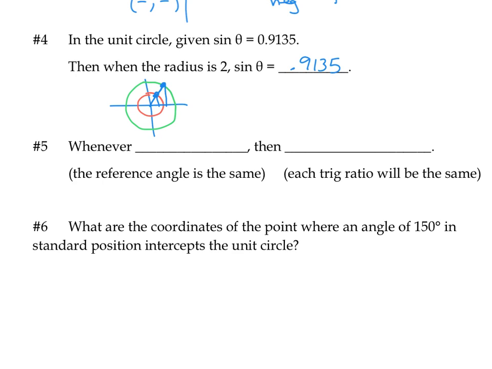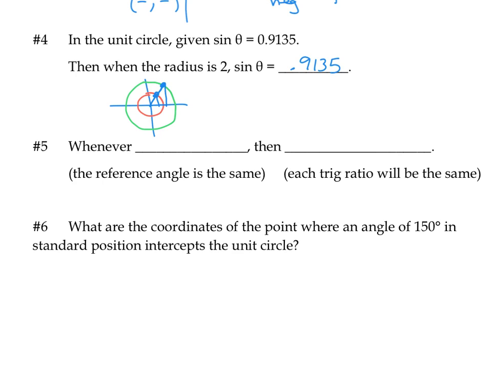Sine would be opposite over hypotenuse in a right triangle, or in this case, more importantly, y over r. The y over r ratio is going to come out the same for both. That's the whole point. When you use a calculator, it doesn't know if you're using a unit circle or what circle you're using. It knows the ratio. So we use a unit circle and everything is based the same from that.